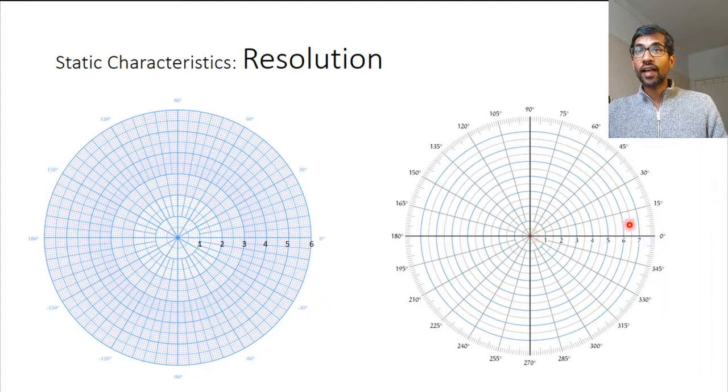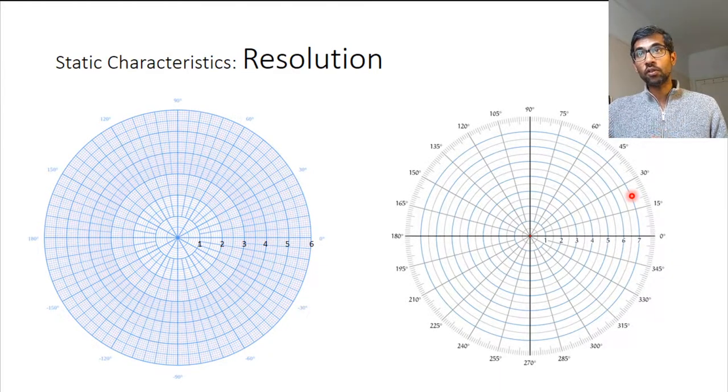You see that the angle can be measured at probably 15 degrees, if you just take these lines and you forget about these marks at the end. So you can measure at a resolution of 15 degrees. If it was somewhere between, you don't know what the angle is.